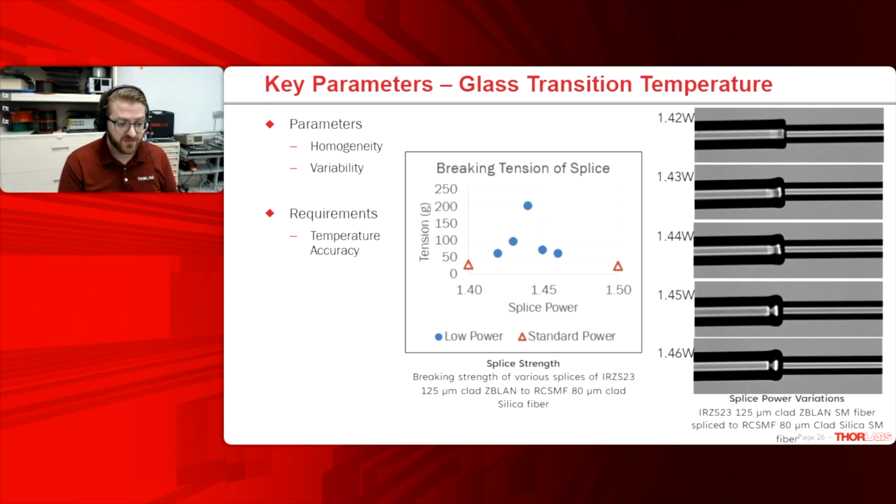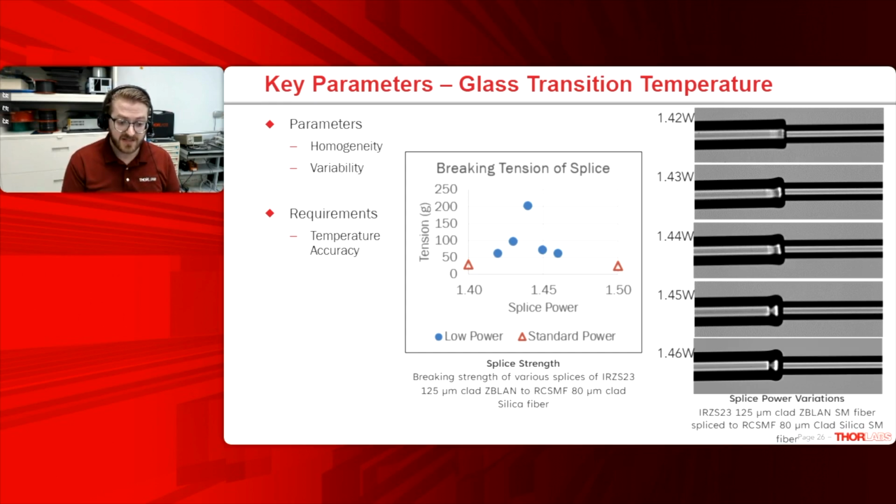So once you have the uniformity and precision, now the accuracy is key. These are those same 5 splice images from earlier. Again, silica is never going to melt at 300 degrees Celsius. So what this splice method is utilizing is basically biasing the heat towards the silica, heating it up like a brand, and then pressing it into the Z-blan fiber, in this case, a larger diameter Z-blan.